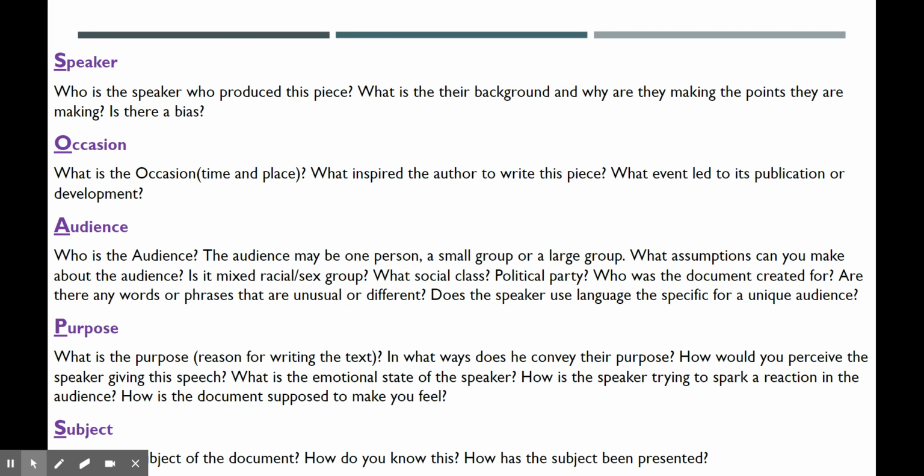If you click on purpose, it'll take you to a link with all the various different purposes that you can choose from, the most common ones. And then, I switched subject and speaker, that's okay. And then the last S, who's speaker, answer these questions, okay? And that's pretty much it for the rhetorical situation.